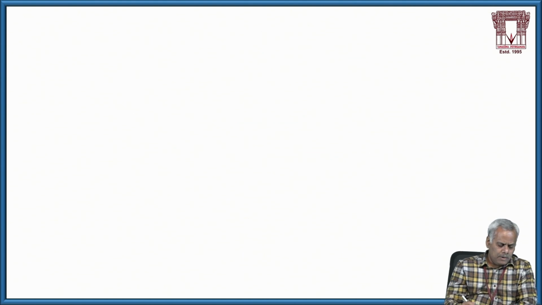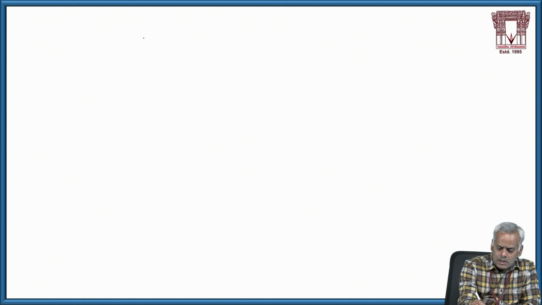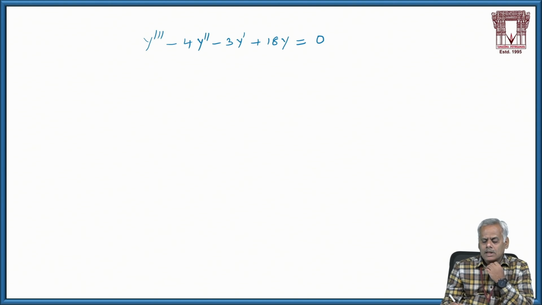Now for example, consider a differential equation y''' minus 4y'' minus 3y' plus 18y is equal to 0. So again this equation is a homogeneous linear differential equation of third order with constant coefficients.